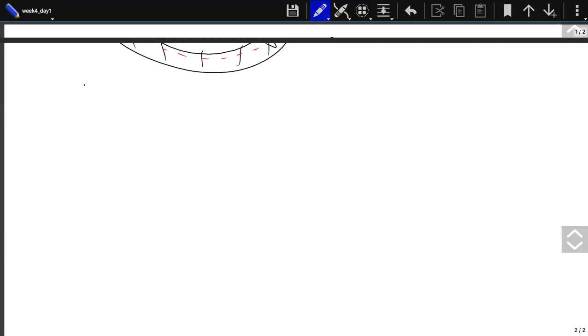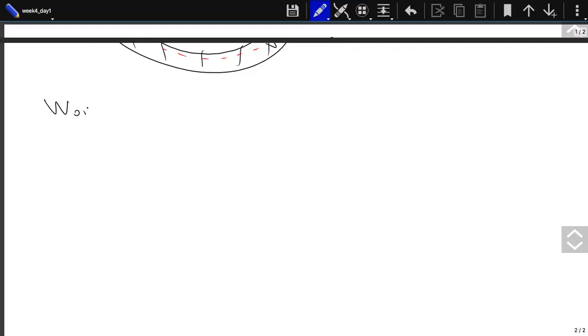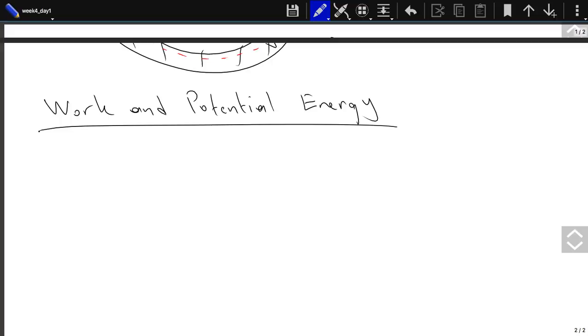Okay, let's review our understanding of work. Work and potential energy. This is basically a review of what we had covered in mechanics.